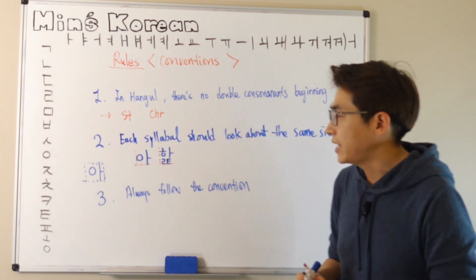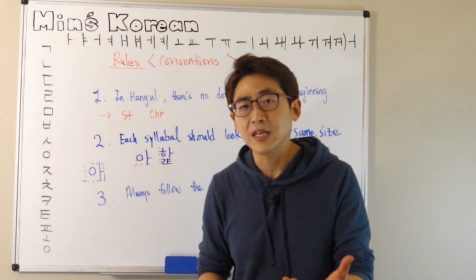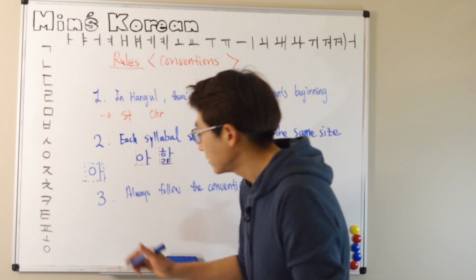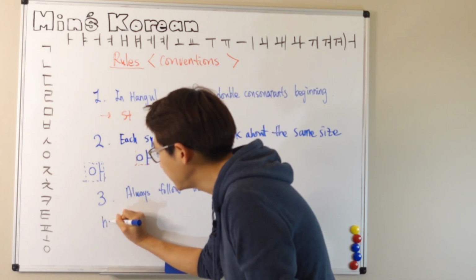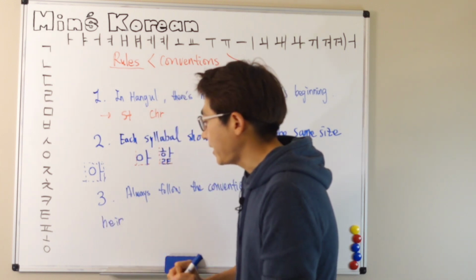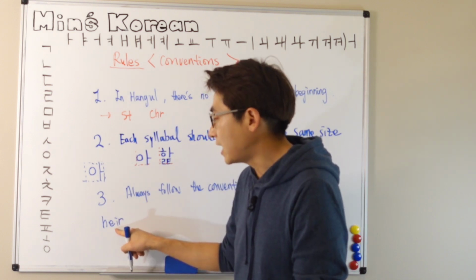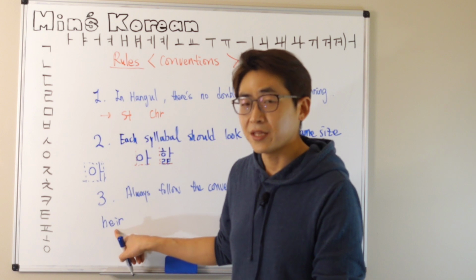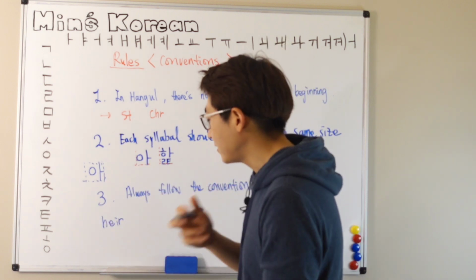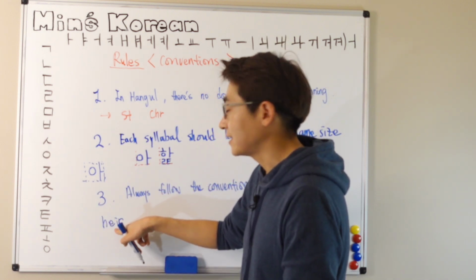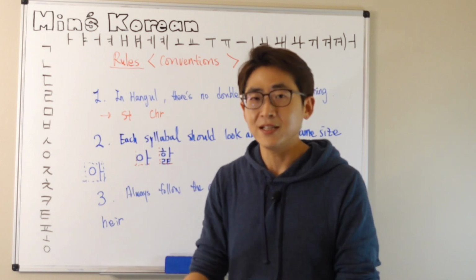And the same rule applies to English as well, right? For example, you have this word air. Even though it sounds like A-I-R, air, that we breathe in, you cannot write it like that. It defeats the purpose, right?